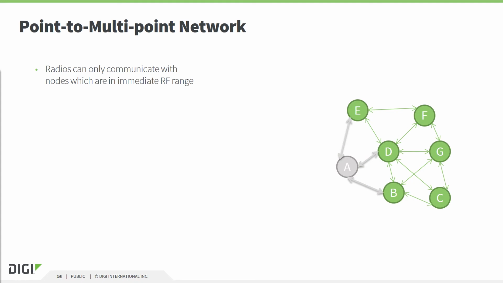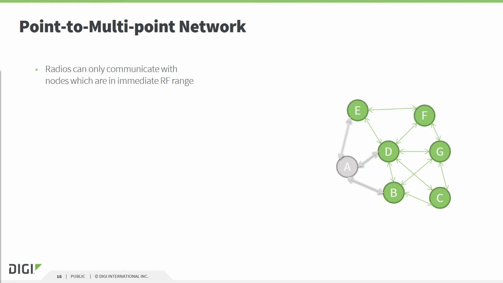For example, node A can only communicate directly with the devices within its RF coverage. In this slide, you can see that A can only talk with E, D, and B, because the others are far away.